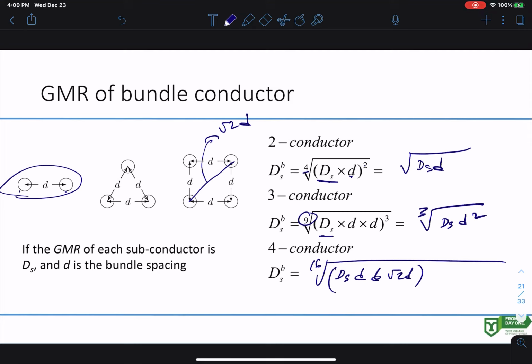All four of them have the same one, so you have the fourth power. Then if you do dsb, b for the bundle, you will get 1.094 times the fourth root of ds d cubed. So now you know how to find the GMR for the bundle conductor.